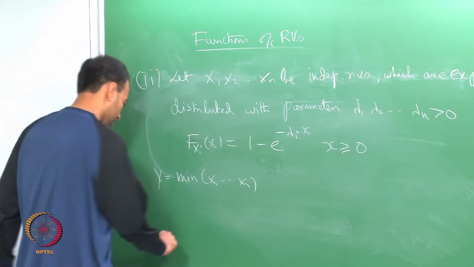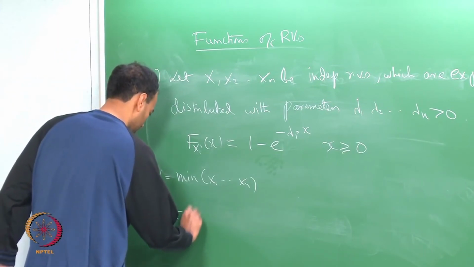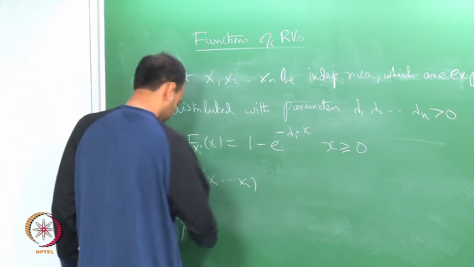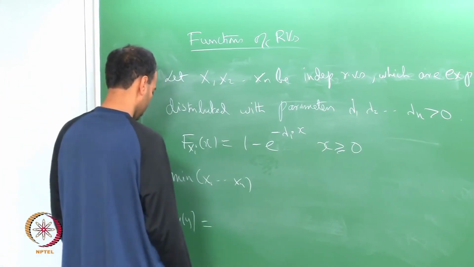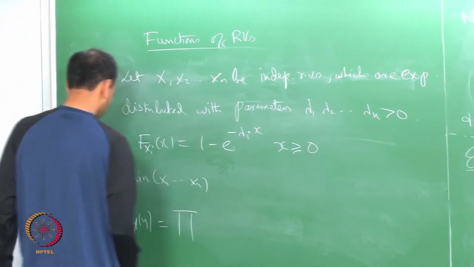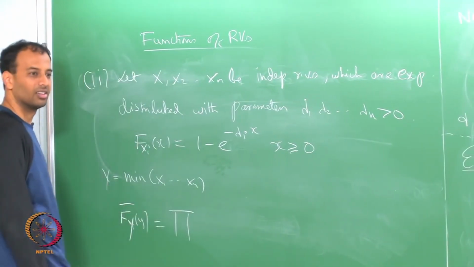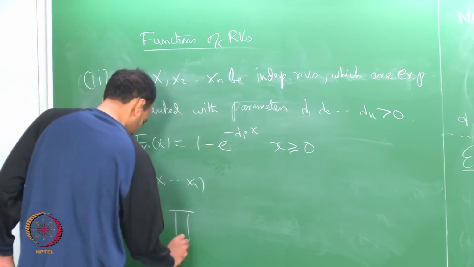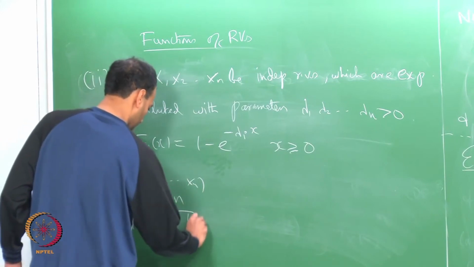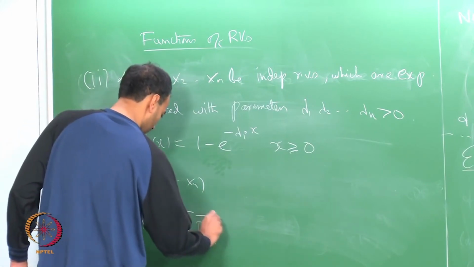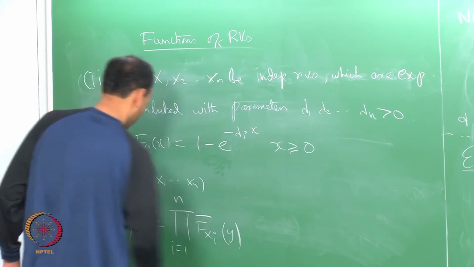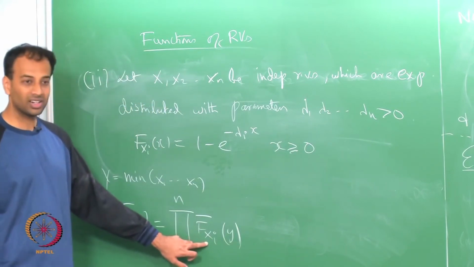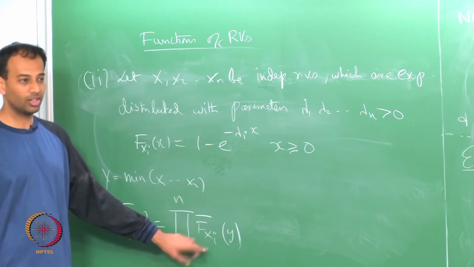I will have F_Y bar of y equal to the product, i equals 1 through n, of F_Xi bar of y, correct, because now the Xi's are independent, but not identically distributed.